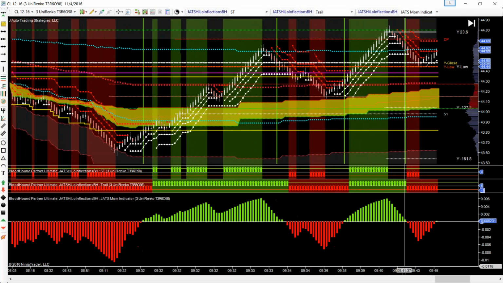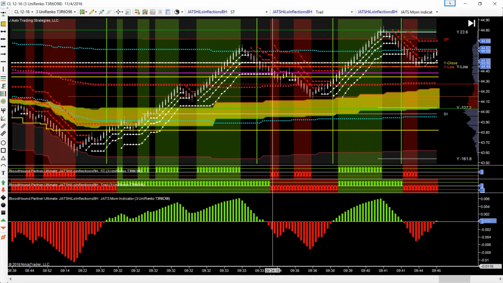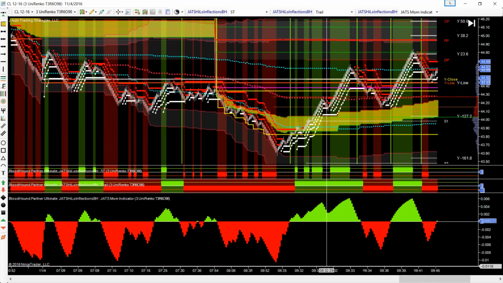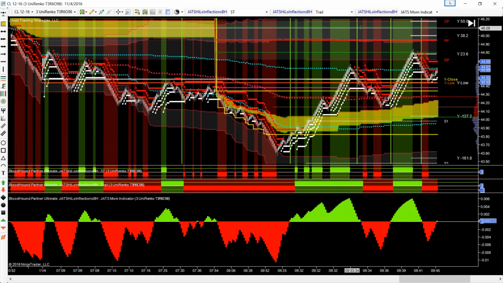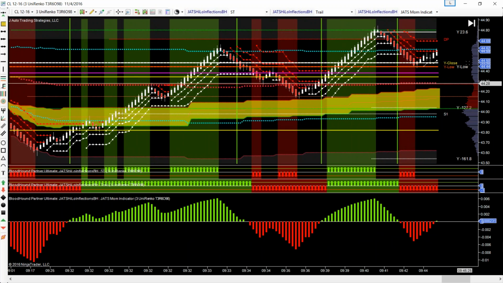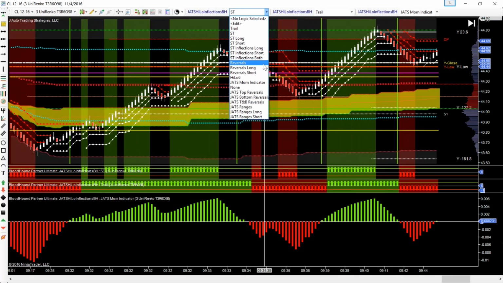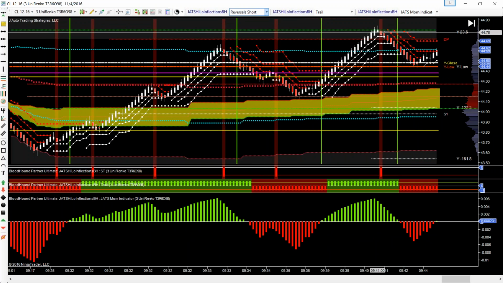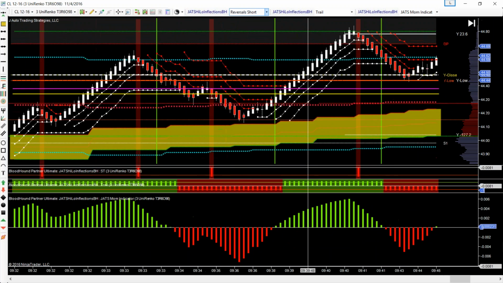On the lower time frame, but the higher time frame would have kept us in the trade. And this green band, by the way, that's a volume profile level I put on my charts that the algos are tied to all the time. But I would put this on my reversal short, and there you go. There's my signal. It's just like magic, isn't it?